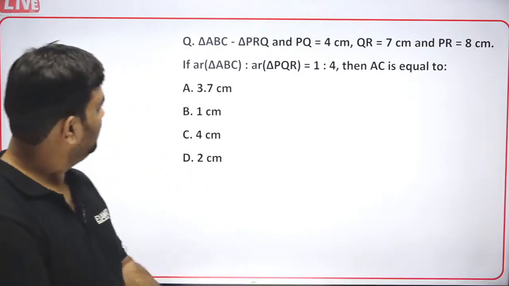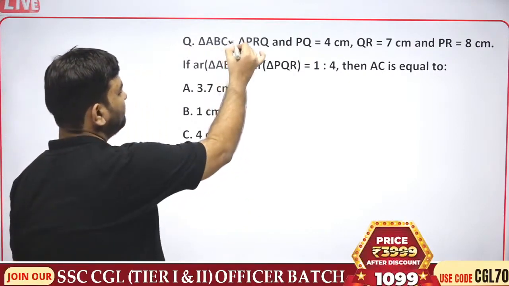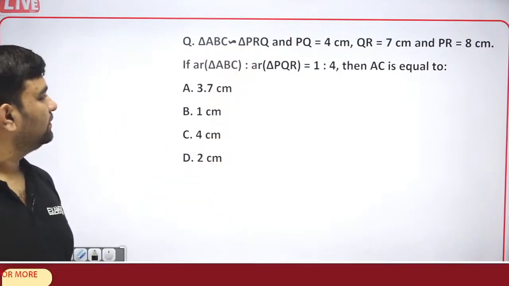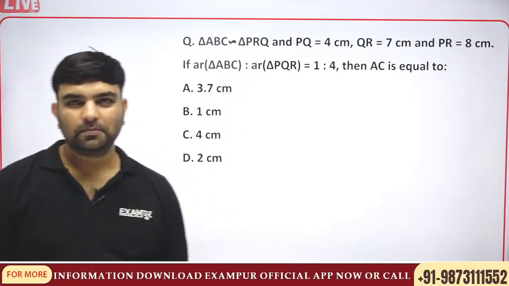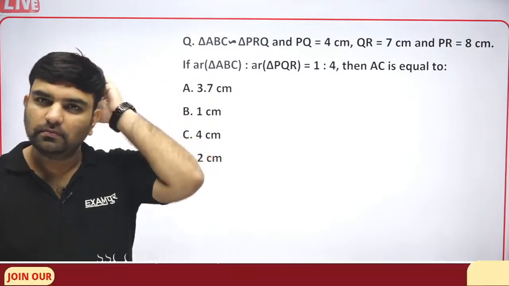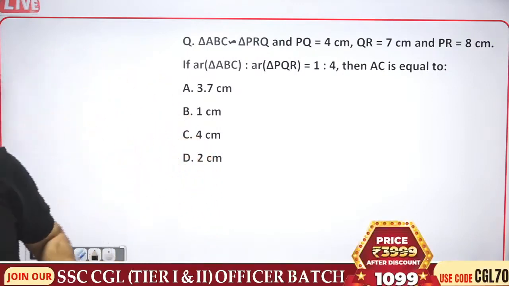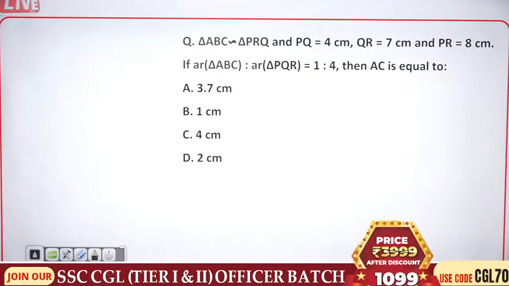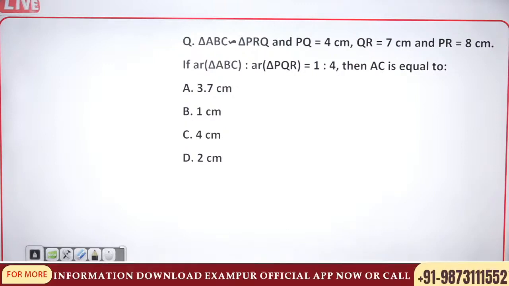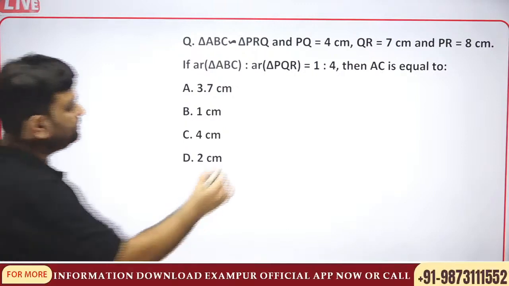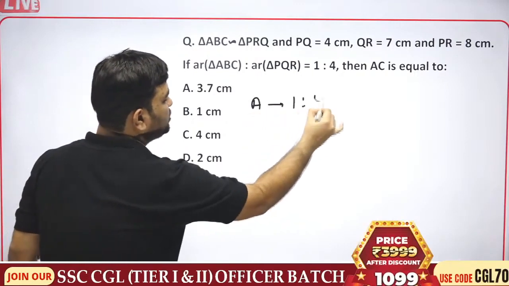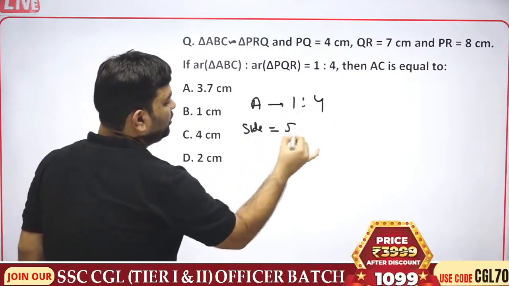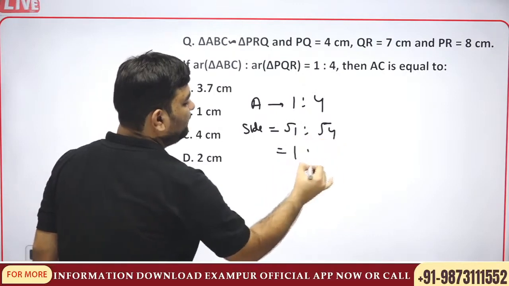Similarity. If area is in the ratio 1:4, side is going to be in the ratio under root 1 to under root 4, 1:2.